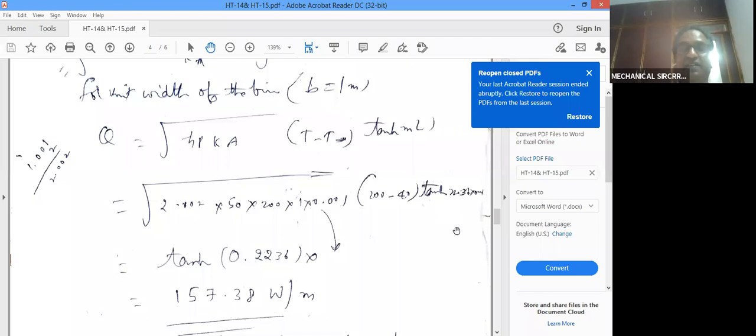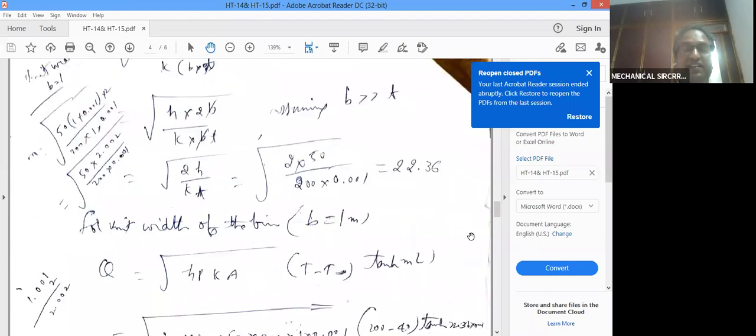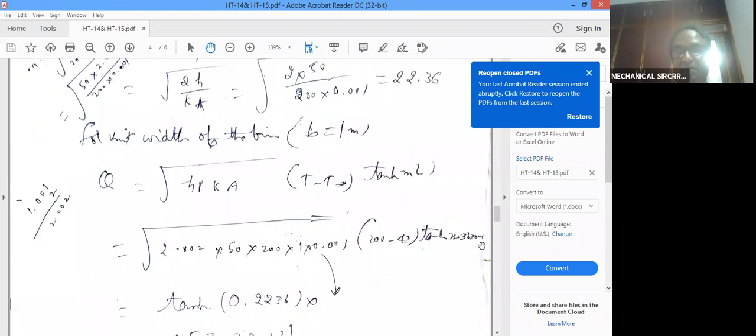M value 22.36 into L value, that is the length of the pin, given as 0.01. You have to multiply with 0.01.